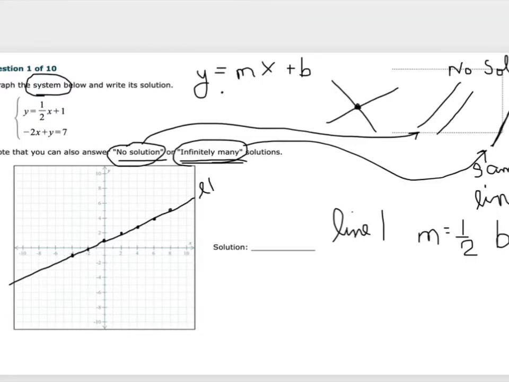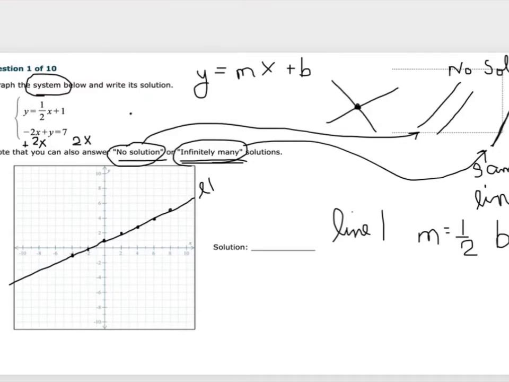Line 2 is not in slope-intercept form, but we could put it in slope-intercept form pretty easily. We could get the y by itself by adding 2x to both sides. So let's do that. Let's add 2x to the left, and let's add 2x to the right.